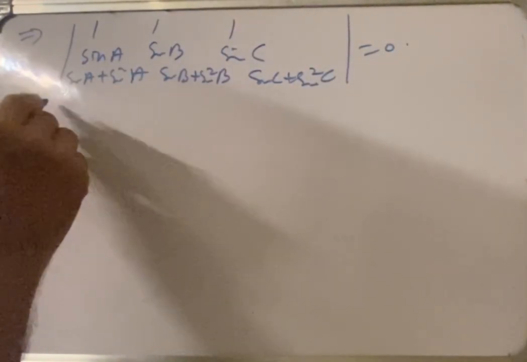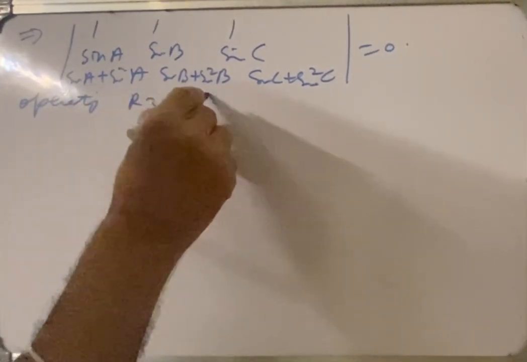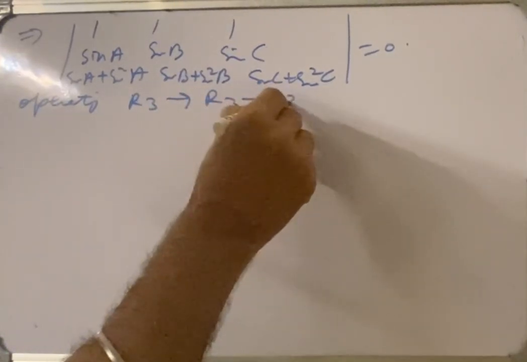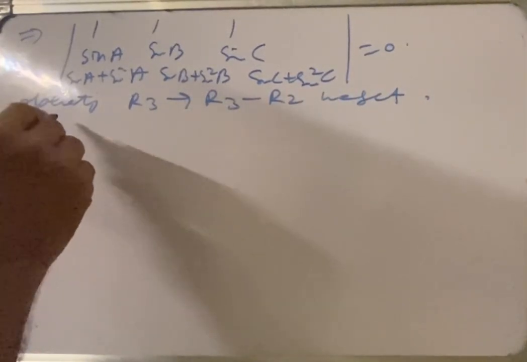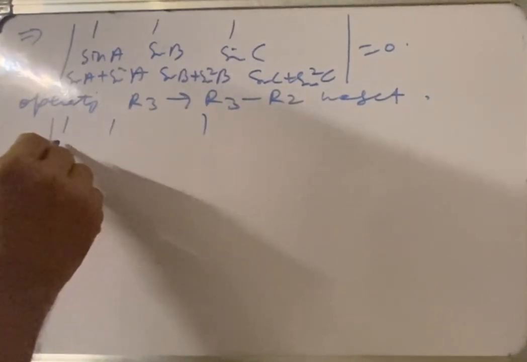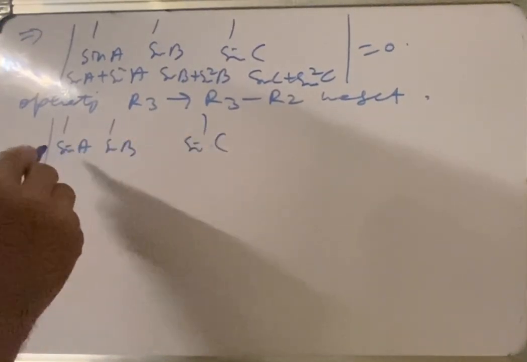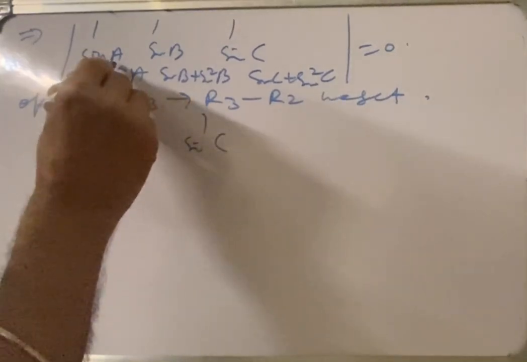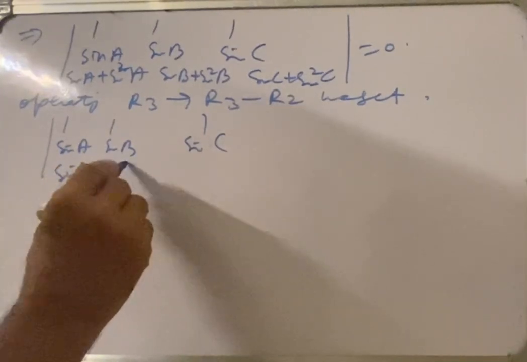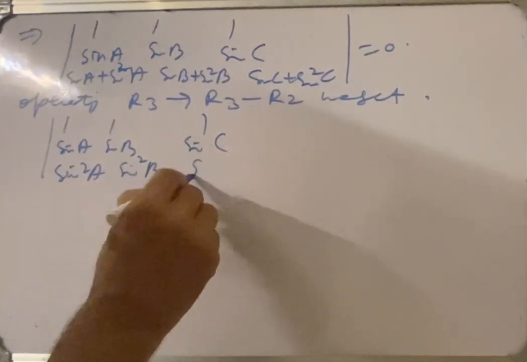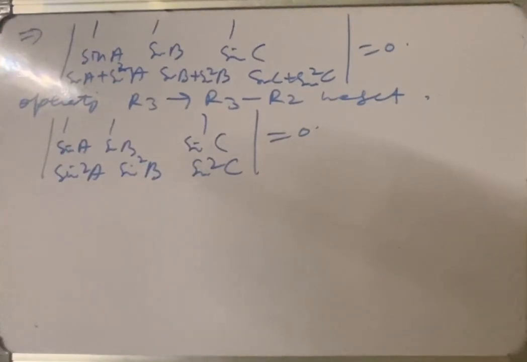Then operating on row R3 is equal to R3 minus R2, we get determinant first row 1, 1, 1, second sin A, sin B, sin C, third sin square A, sin square B, sin square C is equal to 0.